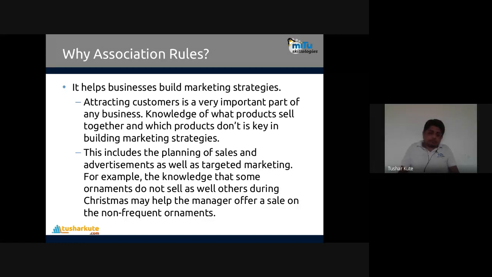That's what I told you about. Association rules will suggest this, and if some products are not associated, you just define different strategies. So identification of association and non-association both will help you build marketing strategies, obviously. That's what we can have from association rules here.